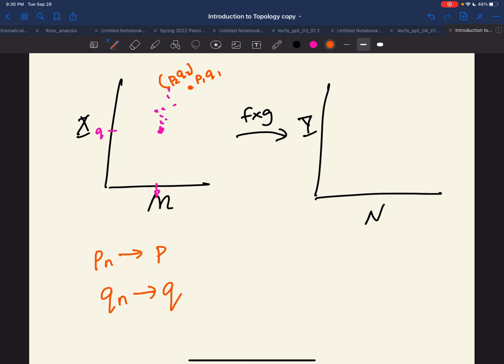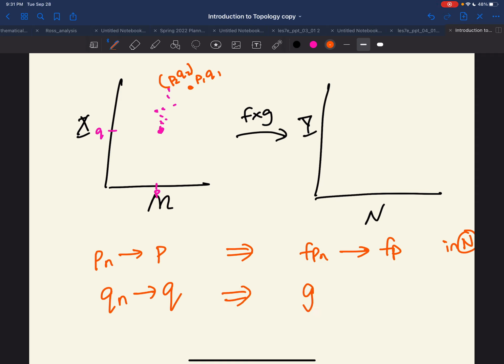This is where we start to smile, because F is a continuous map from M to N. Project this sequence p_1, p_2 onto the first coordinate, onto M, and you're going to get a sequence of points converging to p. F is continuous, so it preserves convergence. So that means F of p_n converges to F of p over here in our metric space N.